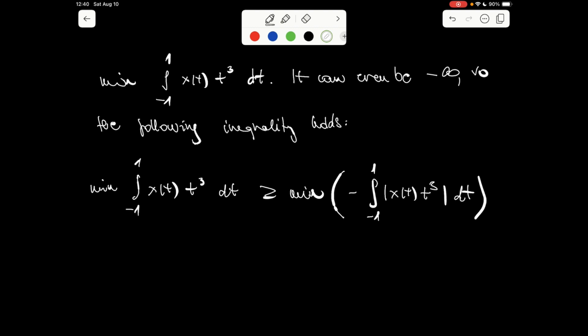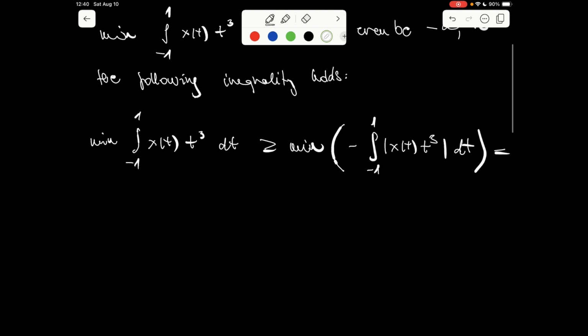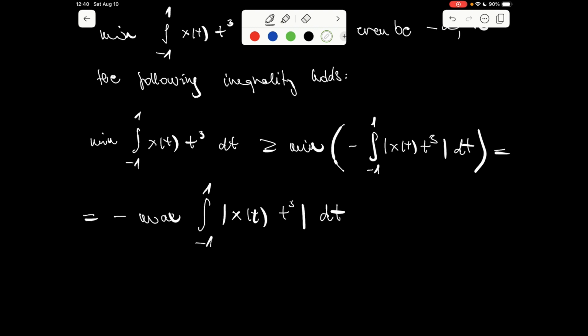So this inequality holds for sure. And finally, we can return to the previous problem. Okay. So it holds for sure.